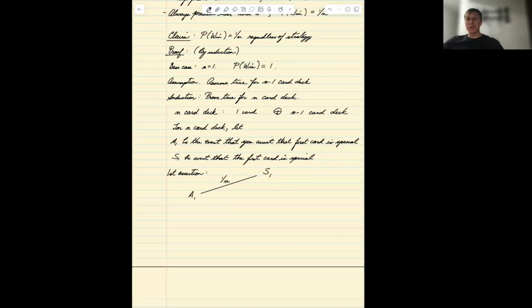The probability that any given card is special is 1 over n. So with probability 1 over n, we win. And then with probability n minus 1 over n, we end up in condition S1 complement, and we're going to lose in that case.